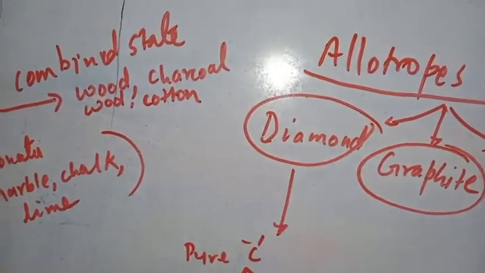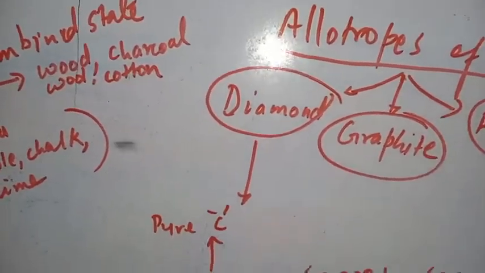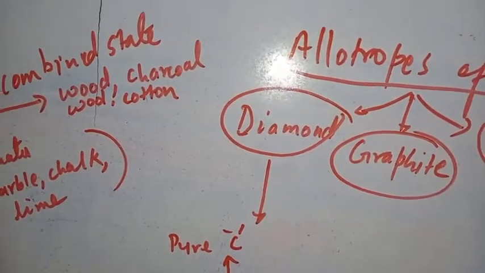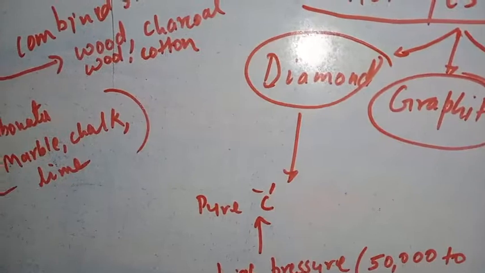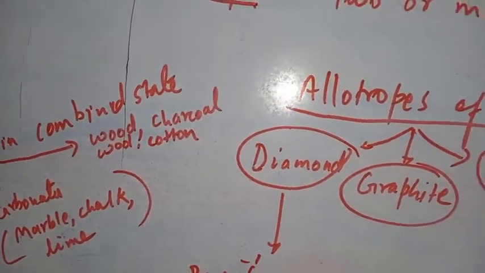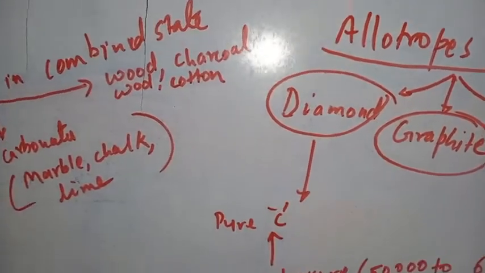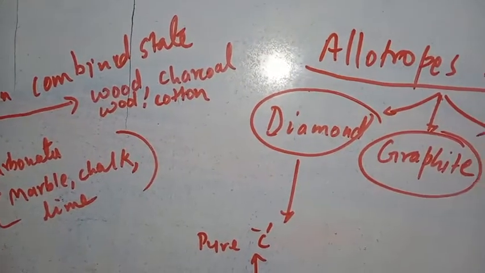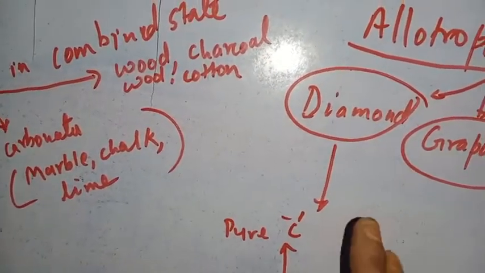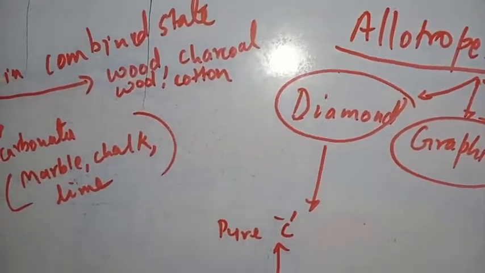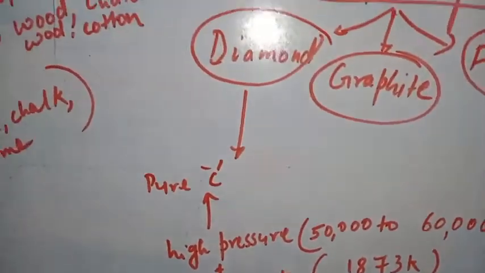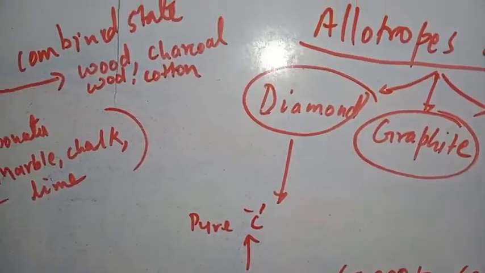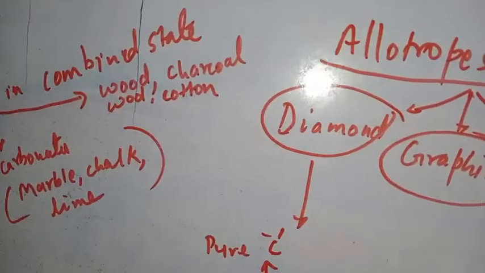You can see the carbon getting converted into diamond. But this diamond, whatever you get after synthesis, is called a synthetic diamond, and you cannot actually differentiate the artificial or synthetic diamond from the natural diamond. So when pure carbon is subjected to very high pressure and very high temperature, then you can get the carbon converted into diamond.